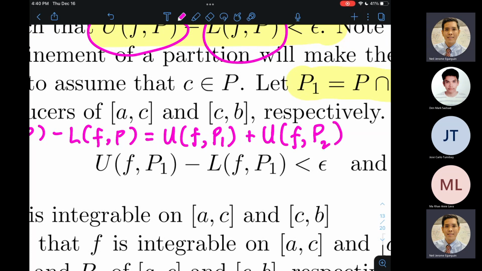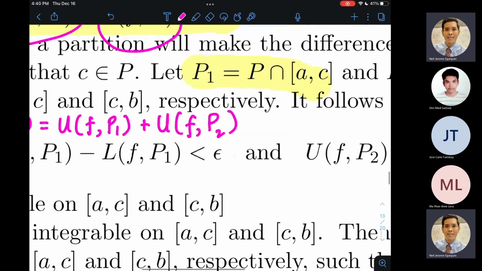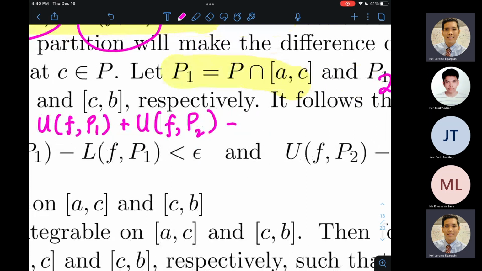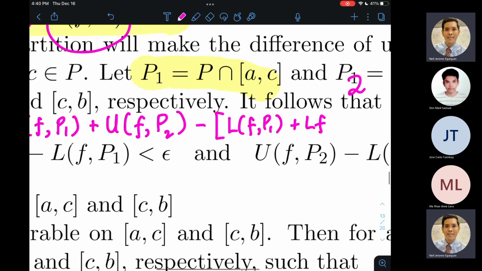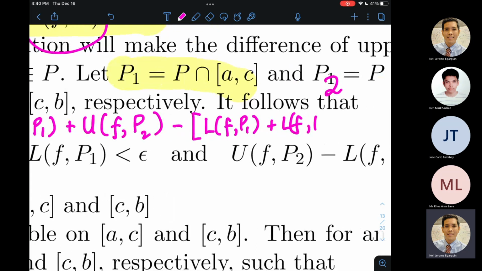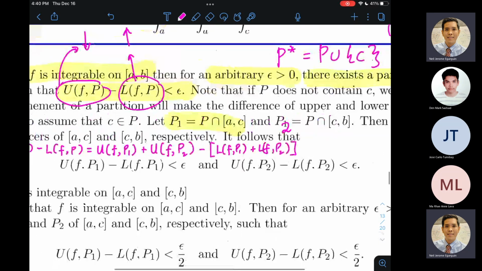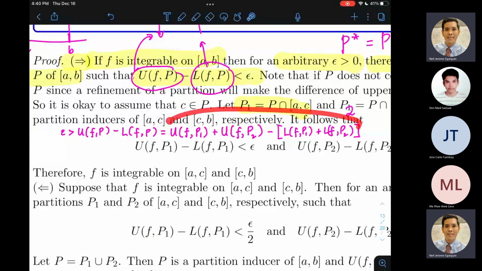Alright? Kasi si P1 union P2 siya ay equal kay P. Minus, ganun din yung gagawin kong argument para dun sa lower Riemann sum. Lower F P1 plus lower F P2. And I know that this is less than epsilon. Alright? Is that good so far?